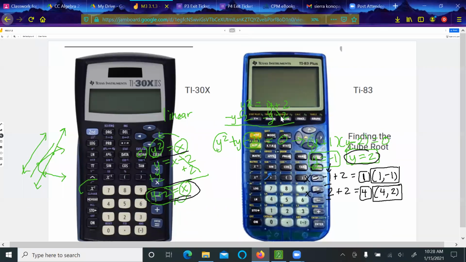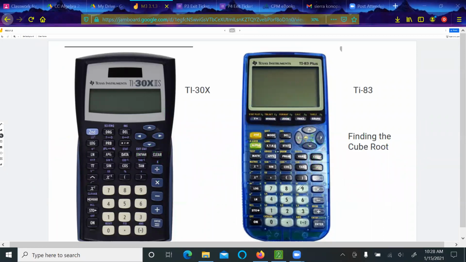And the y equals button, I need to clear this. Sorry, I can't see anything until I clear this. Hopefully you got it down. So the y equals button is right here, right? So you turn your calculator on, you press y equals, and then the x button is right here.